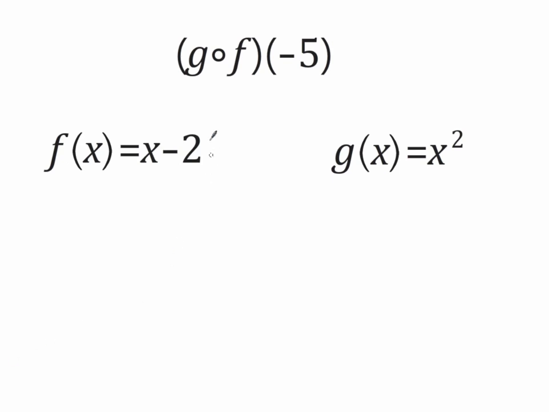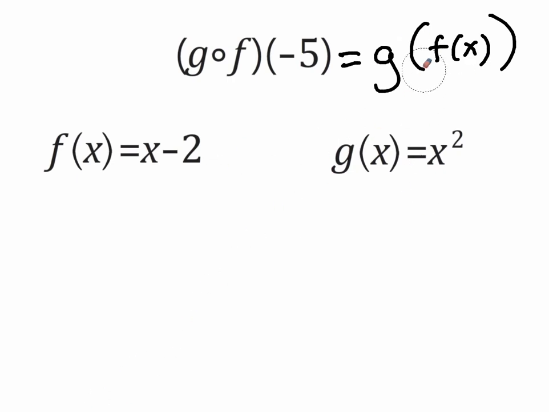Let's do another one. G of f of -5. So this is slightly different. This is saying we're going to take -5, plug it into f first, and then take the output from that and plug it into g and see what we get. So let's start with the inside. F of -5, what does that equal?